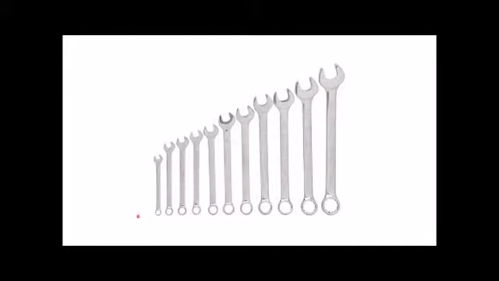And so on a smaller bolt, it's hard to apply a lot of torque because, simply put, it's a smaller wrench. In other words, it is much easier to apply more torque on this bigger wrench because we can apply a big force at this end.